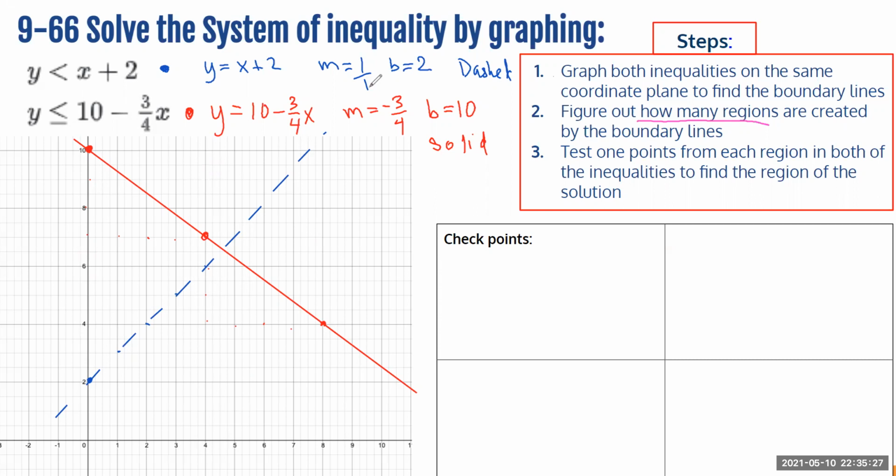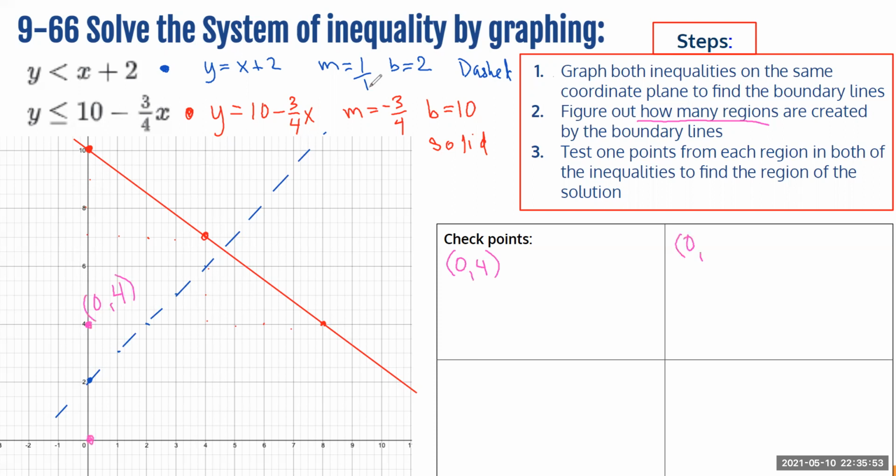So our first, let's see, how about we start with this section over here. I'm going to pick a point. I like to plug in zeros, so I'm going to choose 0, 4. That's a good point to choose. So we'll test 0, 4. Okay, and then work my way around. So how about 0, 0 down here?